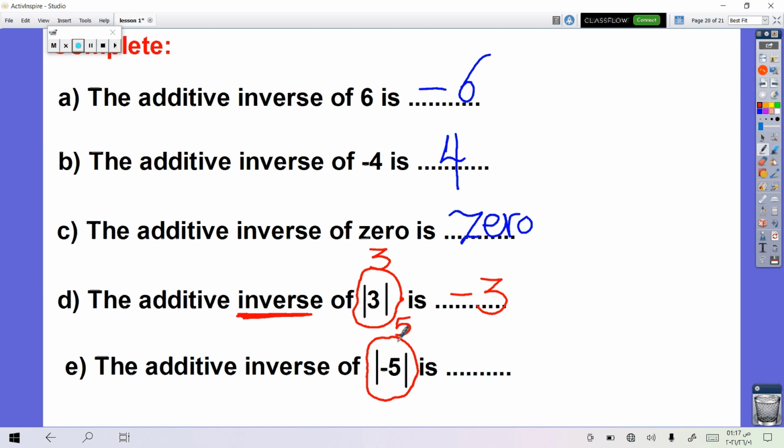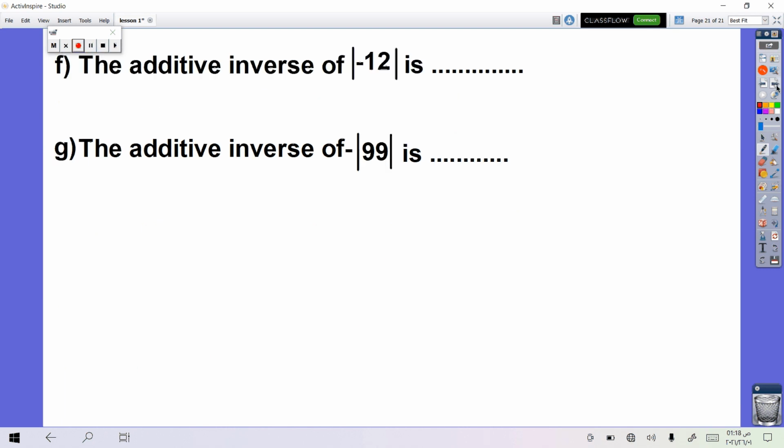The additive inverse of 5 will be equal to negative 5, because we change the sign from positive to negative. The additive inverse of absolute negative 12. First we have to find the result of absolute negative 12. It will be equal to 12. So the additive inverse of 12 will be equal to negative 12.